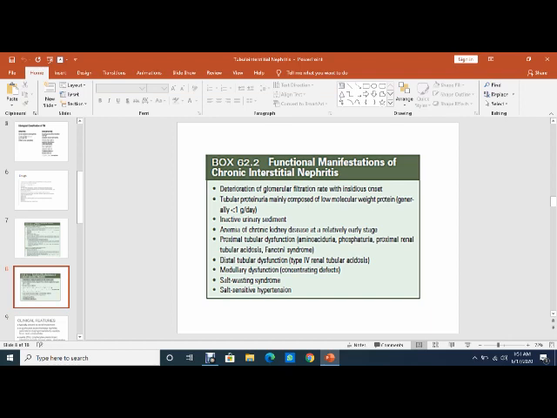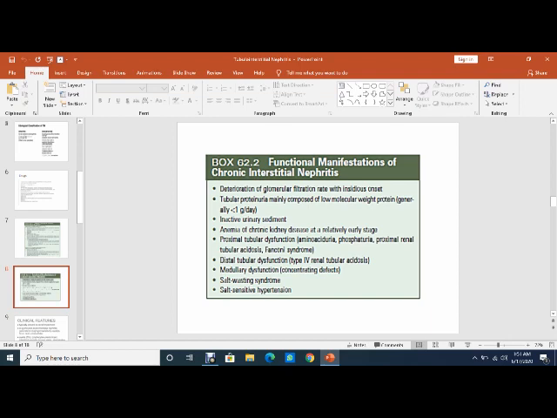Tubular dysfunction, especially proximal tubular dysfunction. When this proximal tubular dysfunction takes place, amino aciduria takes place. Amino acids present in the urine, phosphorus, and as a proximal renal tubular acidosis and Fanconi syndrome.